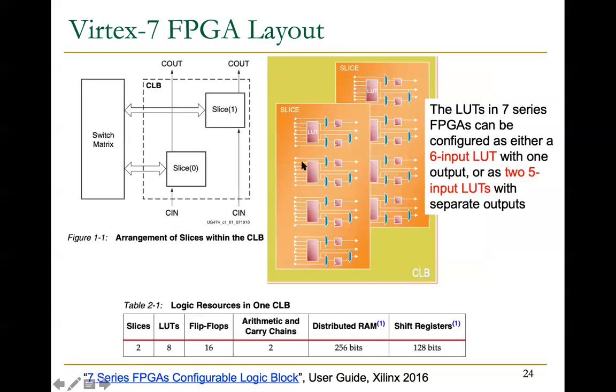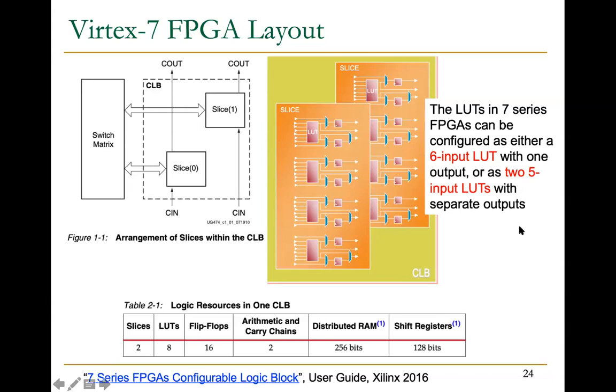In their Virtex-7 family, you can see a single CLB or logic block has 2 slices. And in a single slice, we have multiple lookup tables. Each lookup table has 6 inputs, and you can configure it as a 5-input one if you need 2 outputs with this.